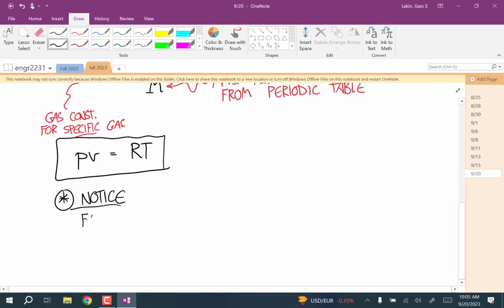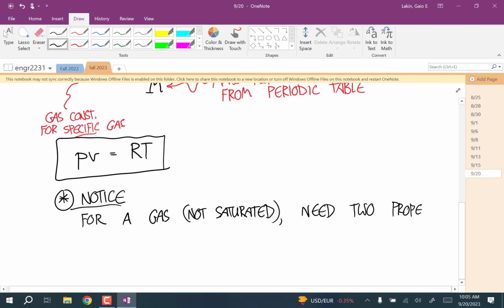So for a gas that's not at saturation, you need two properties to define the state.